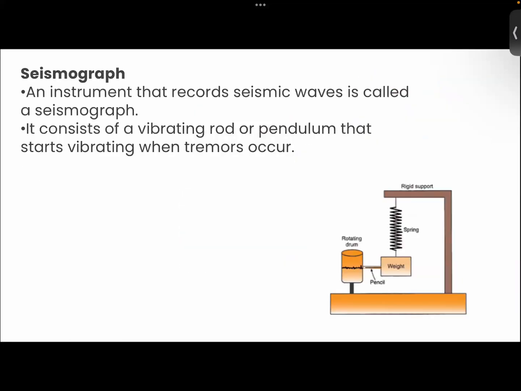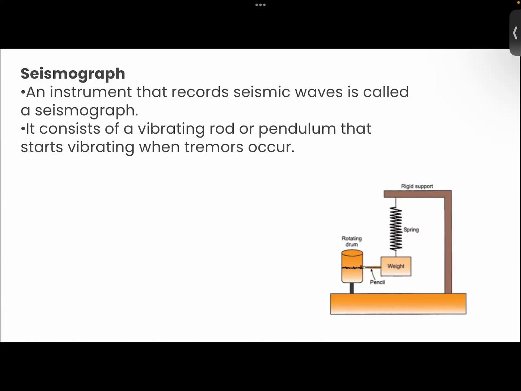We measure how powerful the earthquake is using a seismograph. So what is a seismograph? It is an instrument that records seismic waves. In simple terms, it is an instrument that measures seismic waves. What does it measure in seismic waves? Its intensity, its power.